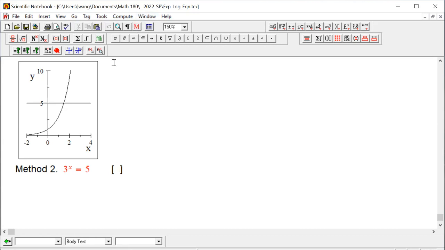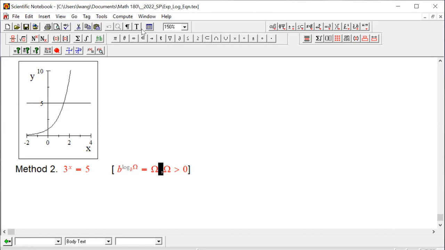The property is that any base b to the power of log base b of omega is going to equal omega. We talked about that since omega is any positive number, because omega has to be in the domain of the logarithm, log base b, so omega must be positive.